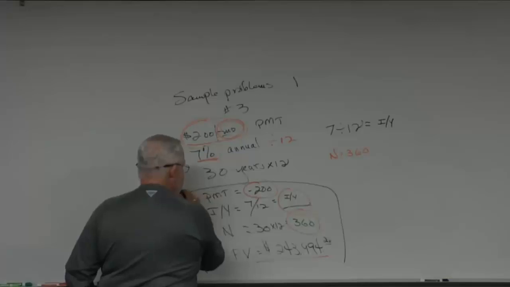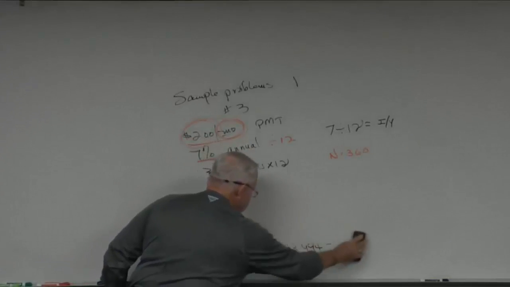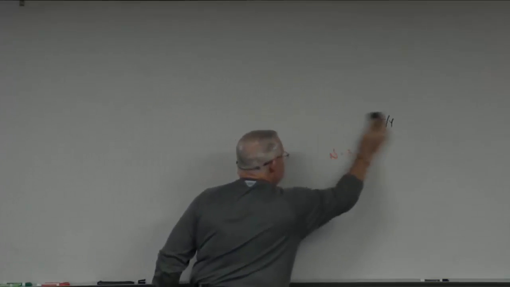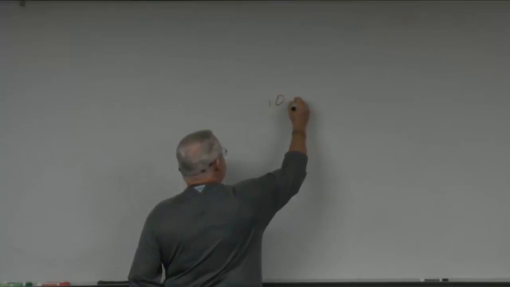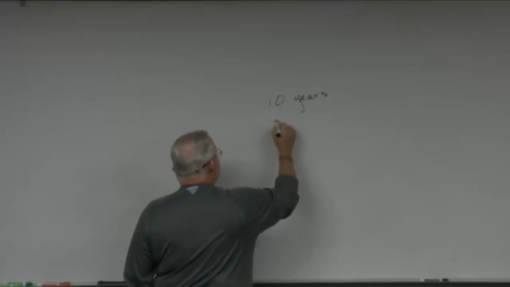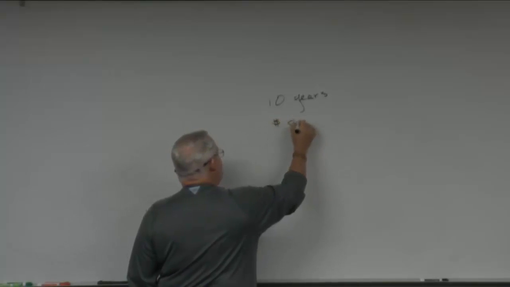Let's do a variation on this problem for a moment, just to illustrate the idea of positive and negative input. Suppose I've got 10 years, and at the end of 10 years I want to have $84,000.